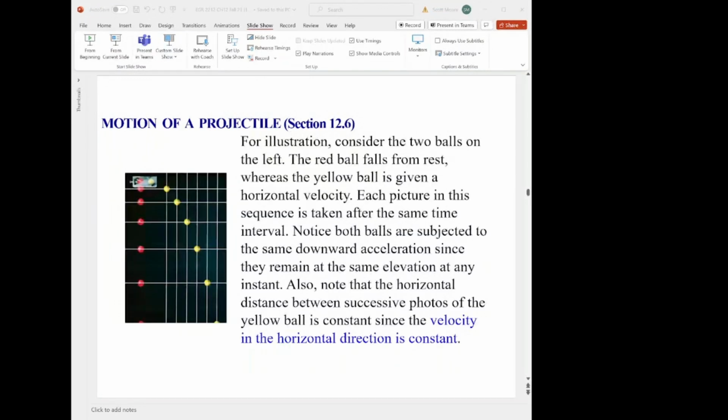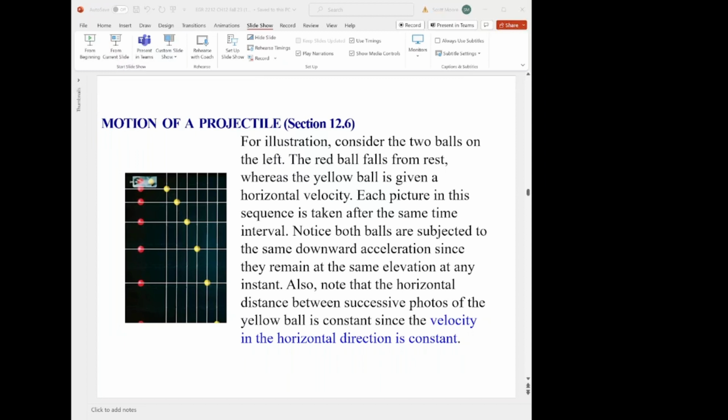Okay, so the following illustration shows positions of two balls. One's red and one's yellow, where the red ball is just dropped from rest, and the yellow ball has some initial horizontal velocity. Each picture that's shown is of an equal time interval.